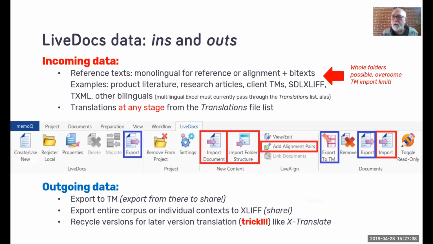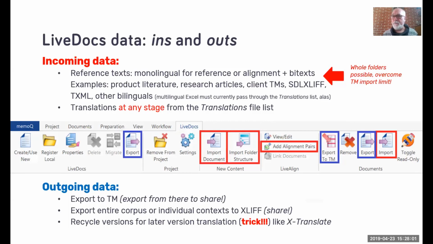I actually helped somebody do that for a couple of hours and gave up in despair and threw it all into Trados and then exported a single TMX from Trados and brought it into a memoQ TM.